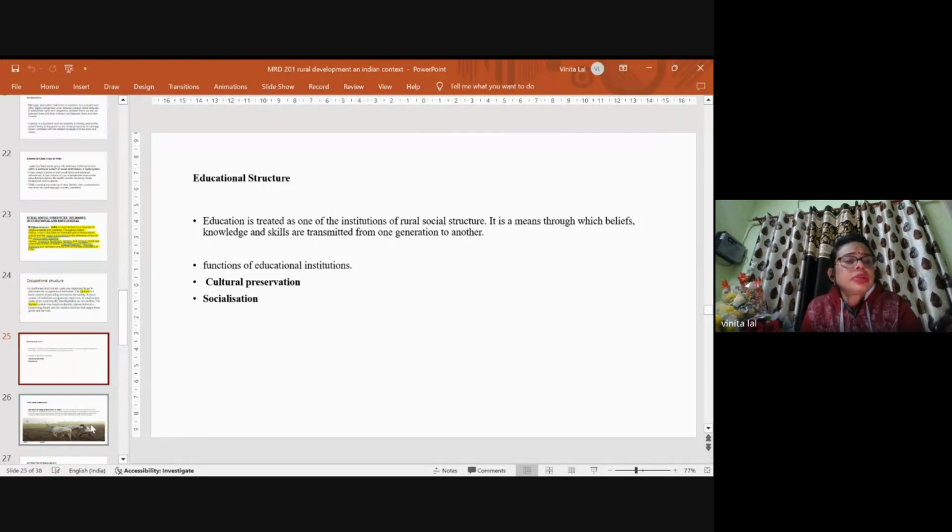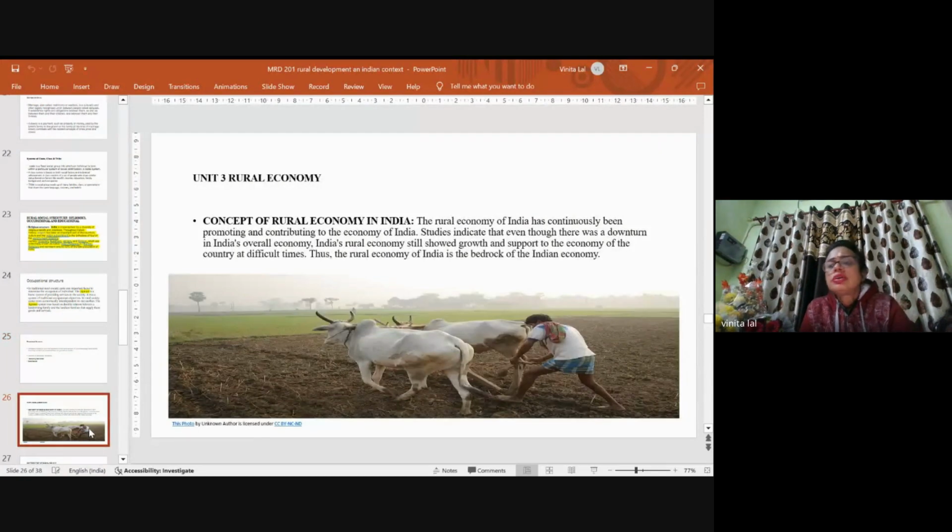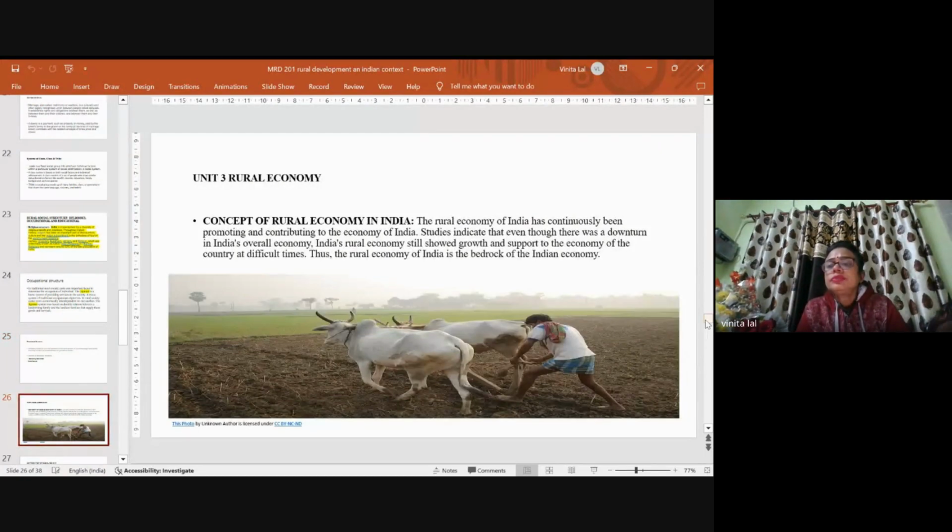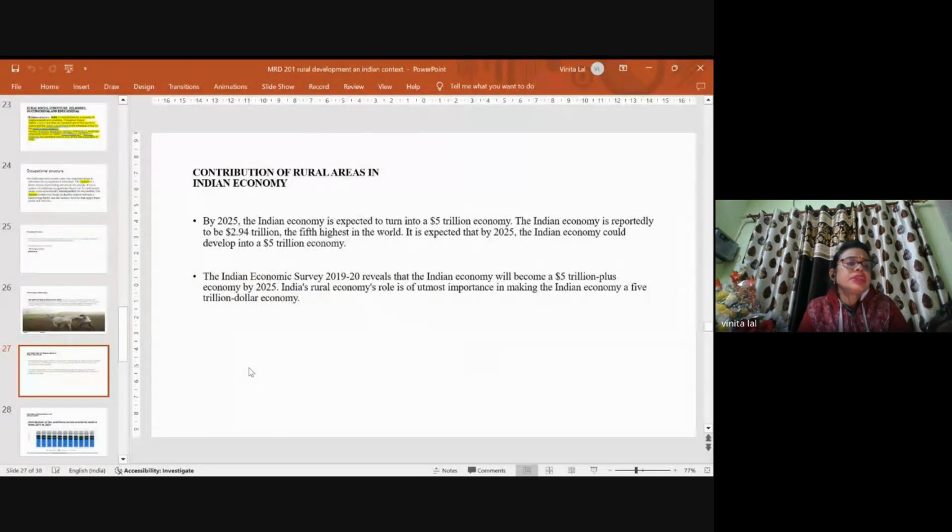Now, next slide. Rural economy. Rural economy, as everyone knows, is totally based on village agriculture. So if we talk about the rural economy in India, in 2025, the Indian economy is expected to turn into a 5 trillion economy.